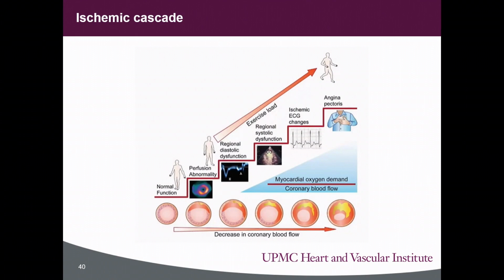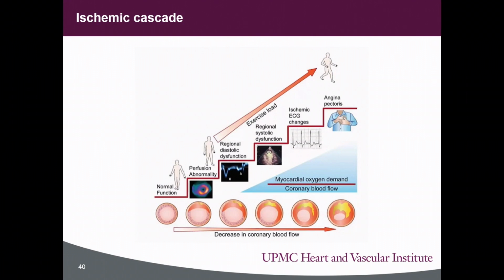And so actually the perfusion scan might pick up things before you even have wall motion abnormalities that appear on a stress echo. So first is normal function, then perfusion abnormalities, then diastolic dysfunction, then regional systolic dysfunction. So actually the stress echo can be a later step than the nuclear perfusion scan. Then you might see the ischemic EKG changes, and then, of course, clinical angina.